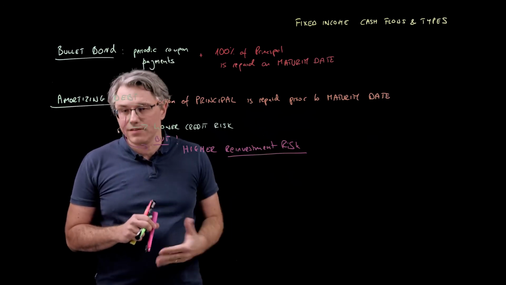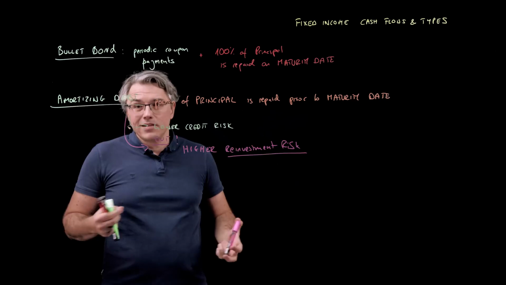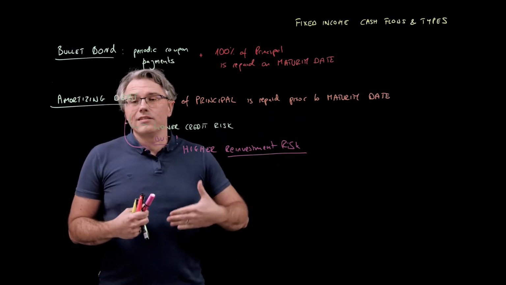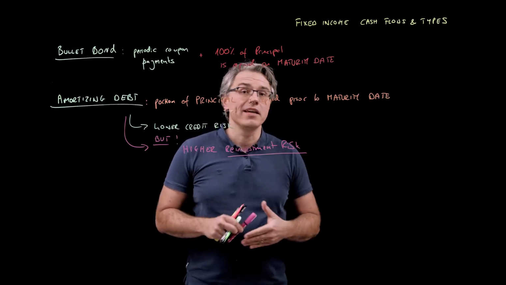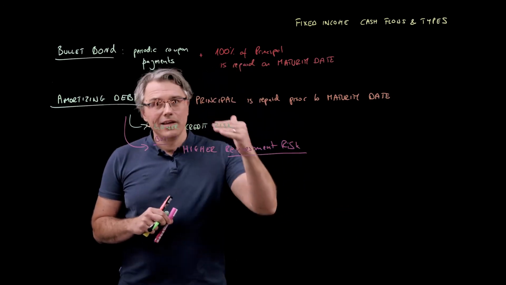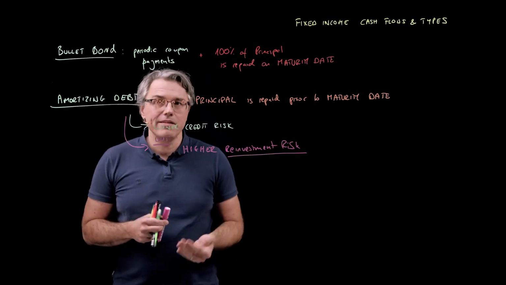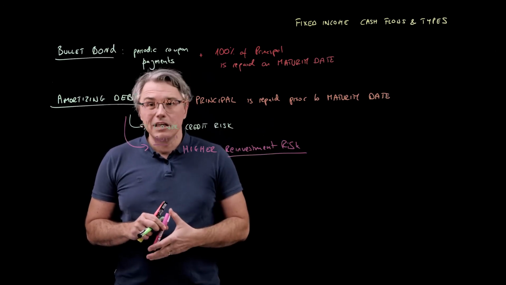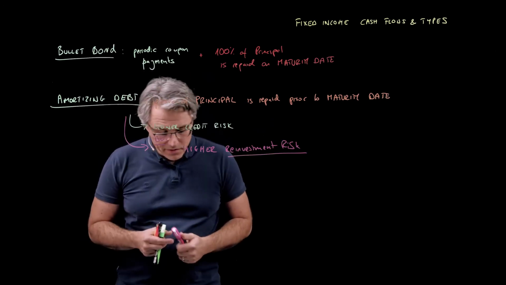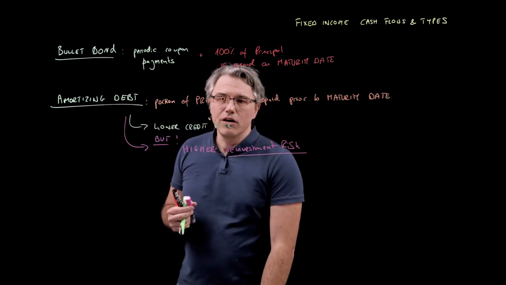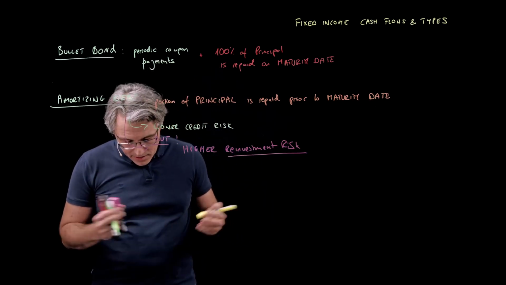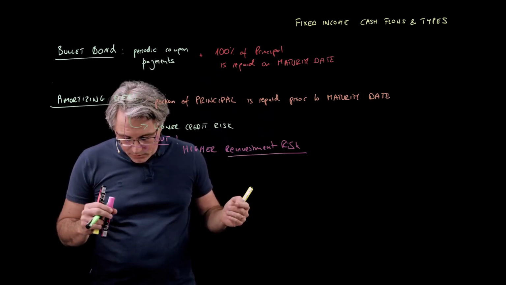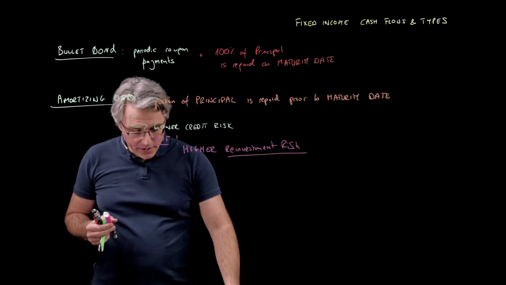You'll want to reinvest these in the markets. And you face the risk of, well, what is going to be the reinvestment rate, the rate of interest at which I'll be able to reinvest those cash flows? And obviously the risk is it may be lower. So receiving money earlier here opens up the risk of having to reinvest these at potentially lower rates, because we've got more funds to reinvest.